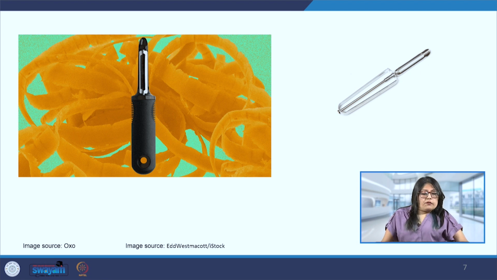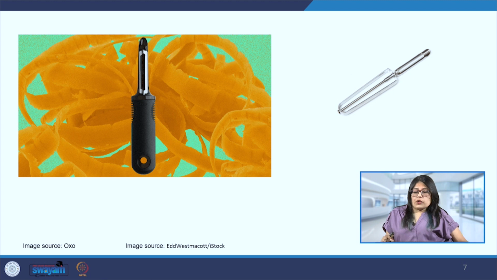His wife Betsy was preparing an apple tart, and to prepare the apple tart she had to peel the apples. The image we see on the right side of the screen, that stainless steel, is the peeler she was using to peel. This is the kind of peeler that was available in the late 1980s, and it's much different from what we have now.